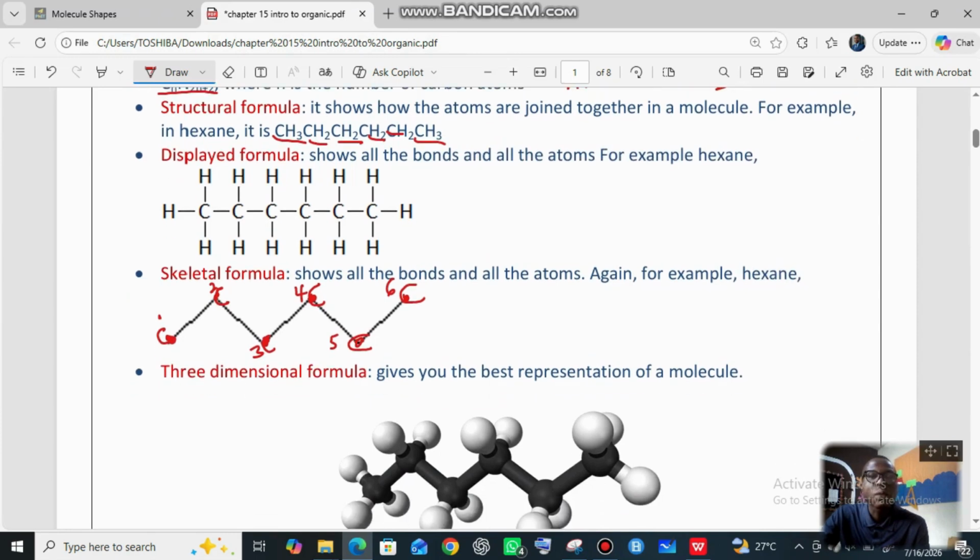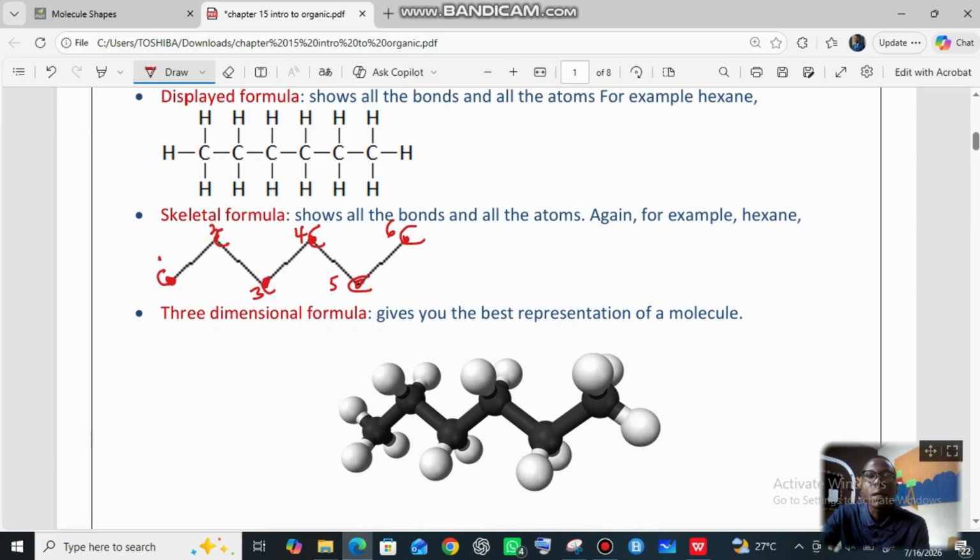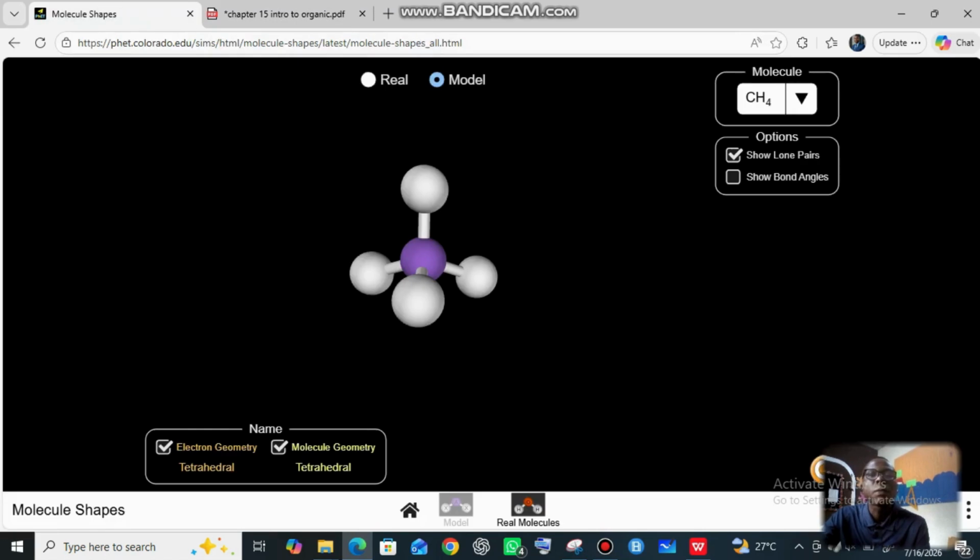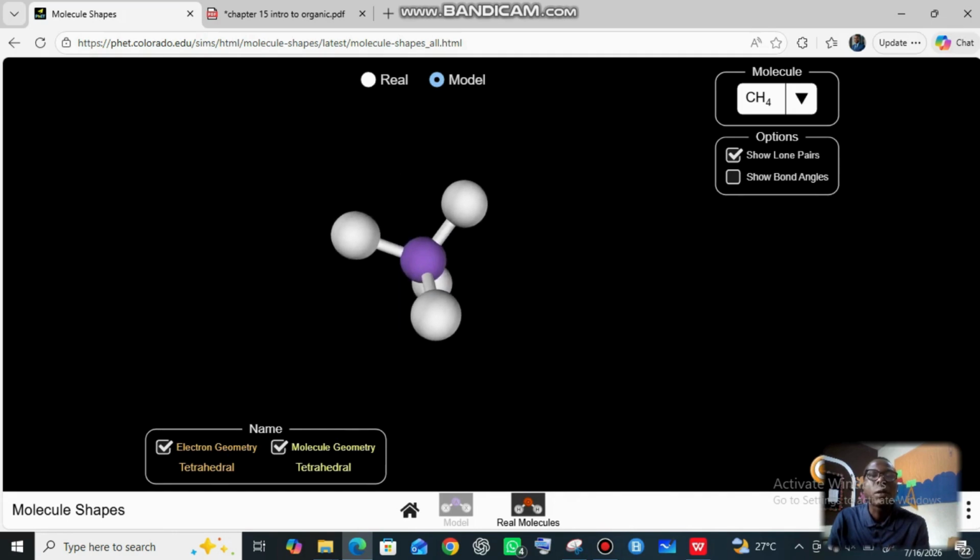Lastly, it can also be presented in a 3-dimensional formula, which best represents how the atoms are bonded. Let's look at the model here. This is methane. When I look at the methane structure, it shows how the atoms are bonded. This one is the carbon atom, and the white ones are the hydrogen atoms.